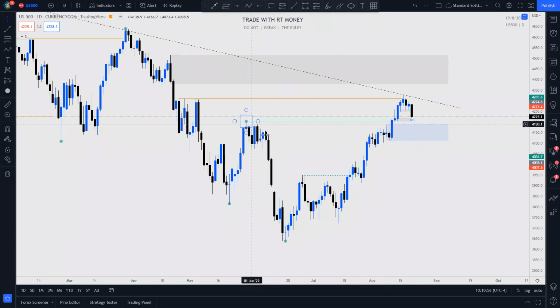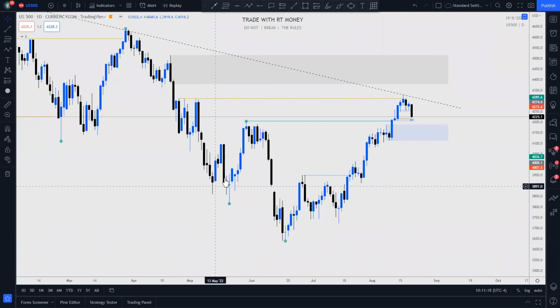And I said, when you break a zone of supply, you're not only taking out a lot of liquidity, but I was pointing to this area here. There's liquidity up here with these relative equal highs. And I believe that if we take this out, we're going to end up here.